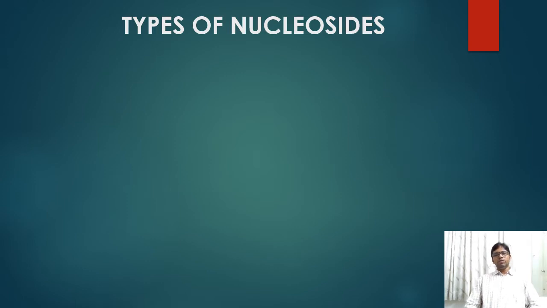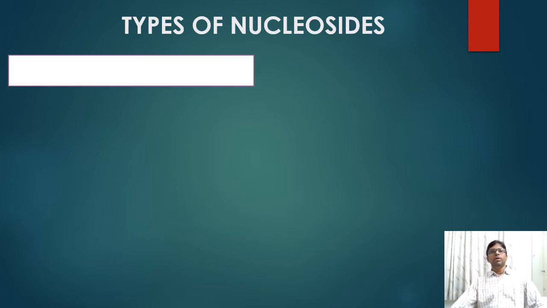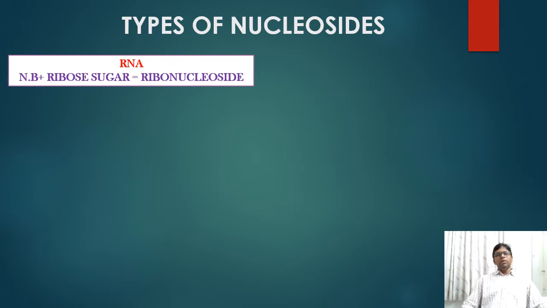First, we are going to discuss the types of nucleosides found in RNA, or ribonucleic acid. In RNA, the sugar is ribose sugar, and four different types of nitrogen bases are present. So in this way, four nitrogen bases form four different types of nucleosides.